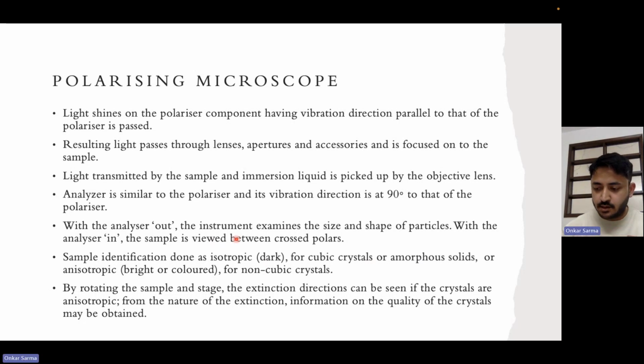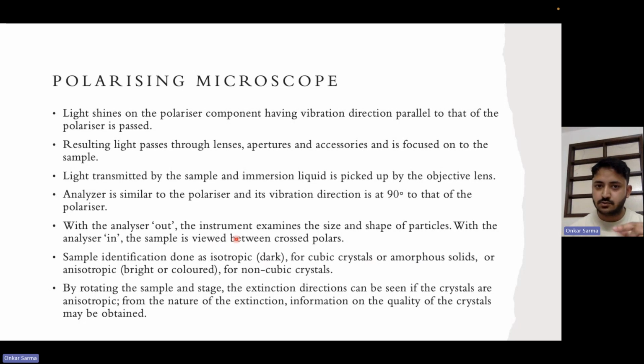So the light passes through those isotropic crystals directly, without any modification, and the light is cancelled out by the simultaneous action of the polarizer and analyzer. But anisotropic crystals cause partial rotation of the plane of polarization of the light.